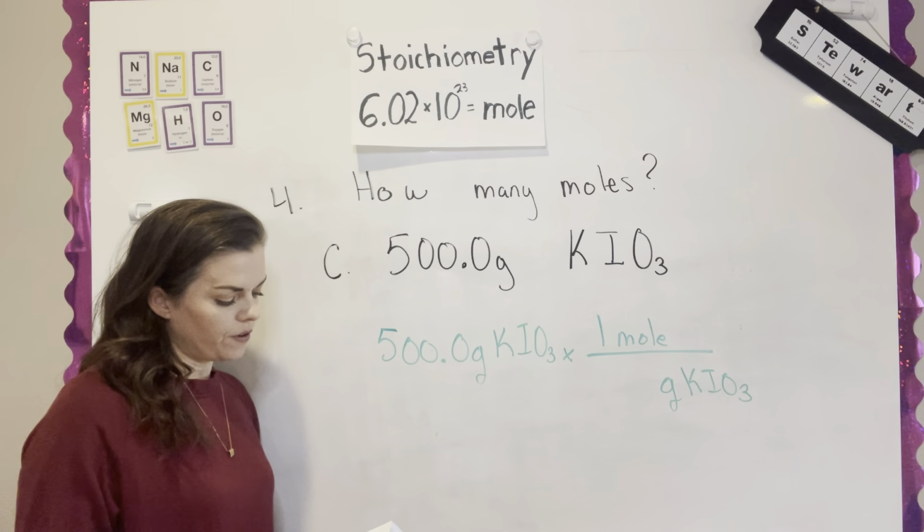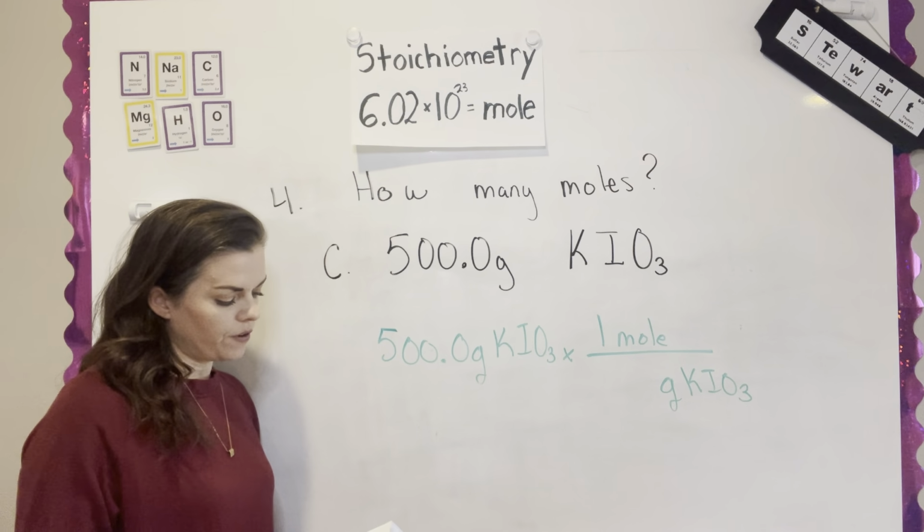And it's asking me how many grams of this product am I making? This is a two-step reaction. So the only thing I really have that I can start off with is 150 moles of NaOH.